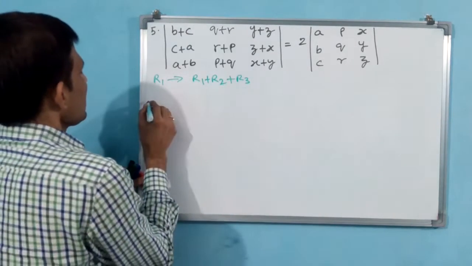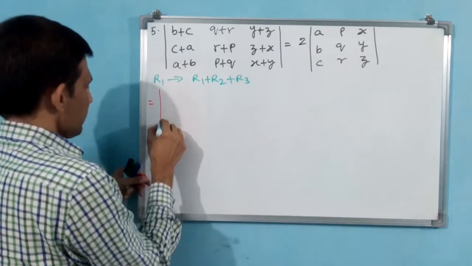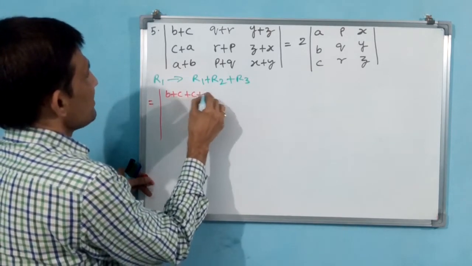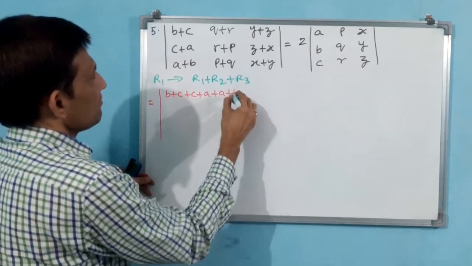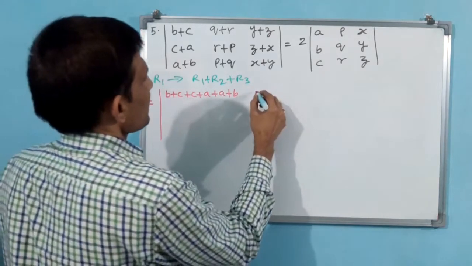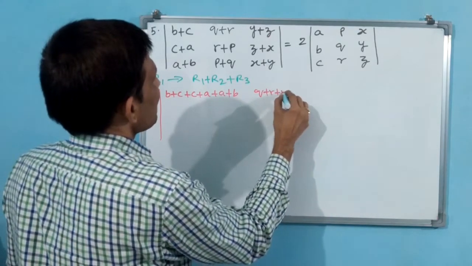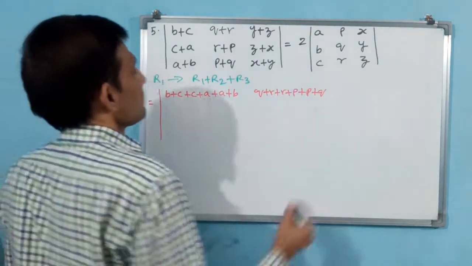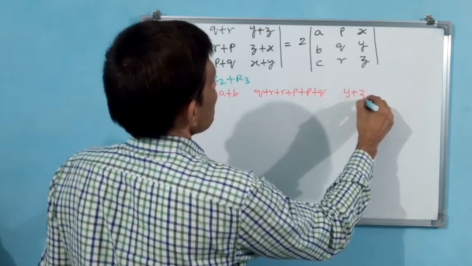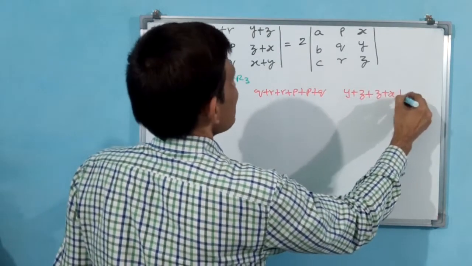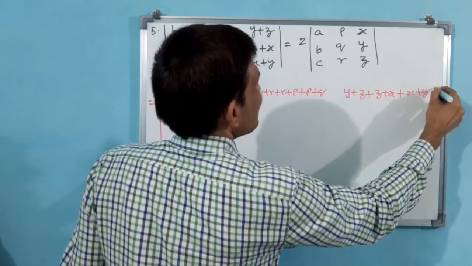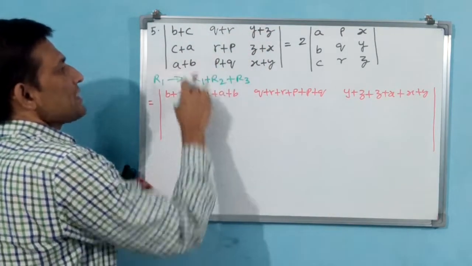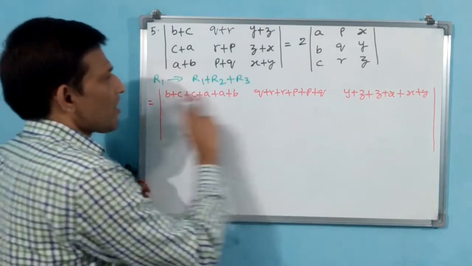That is equal to B plus C, C plus A, A plus B. Q plus R, R plus P, P plus Q. Y plus Z, Z plus X, X plus Y. R1, R2, R3 I have added, but in R1 I have written.